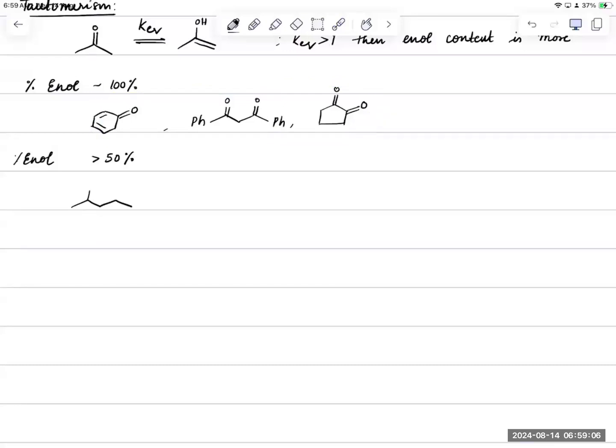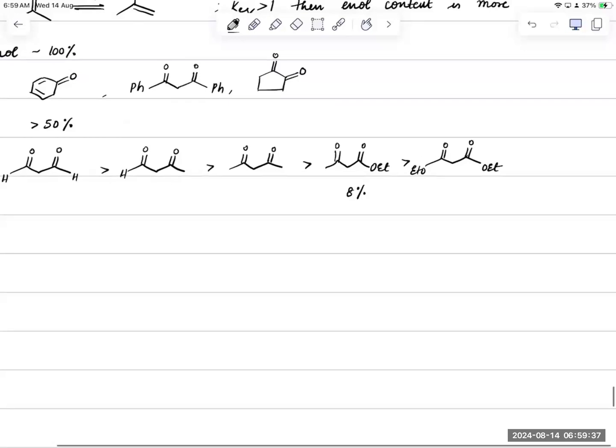Along with that, anything which has only hydrogen will be slightly more than 1 methyl, slightly more than 2 methyls, slightly more than 1 methyl with 1 ester, and then both sides we will have esters. This is approximately 8%, and this is close to 10 raised to the power of minus 4%.